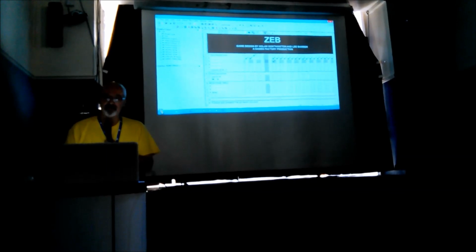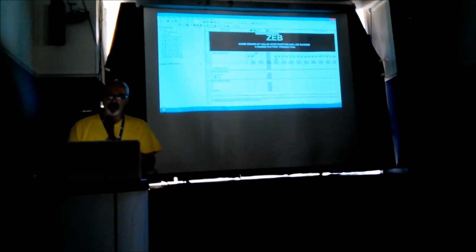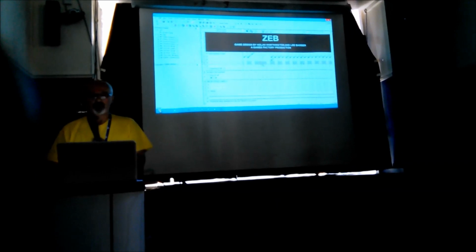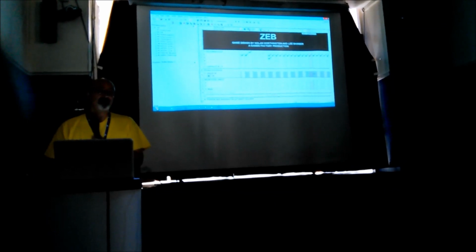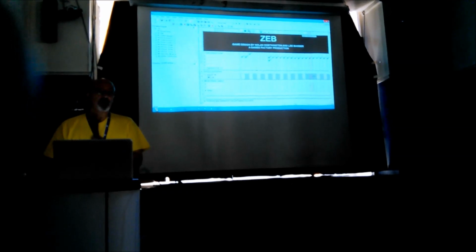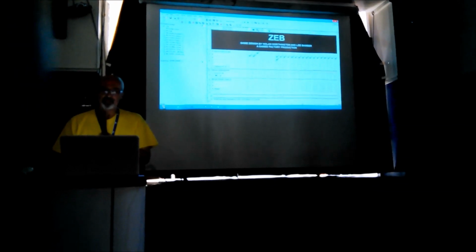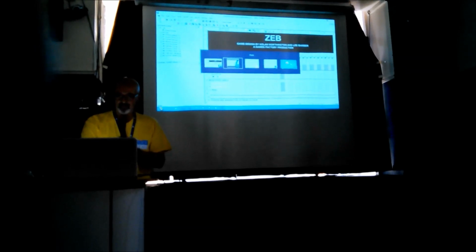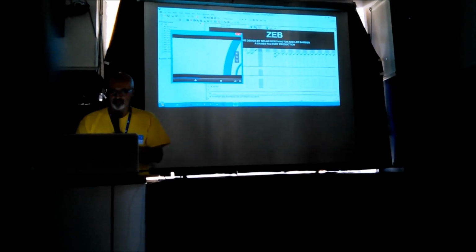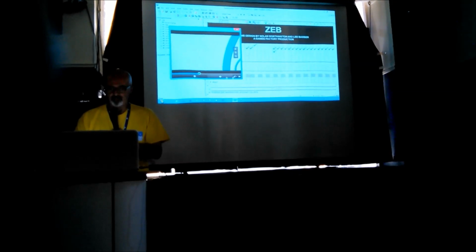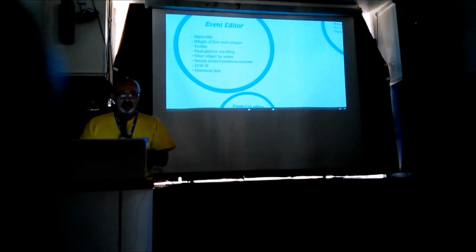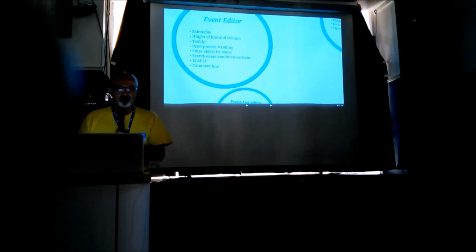And you also have a tooltip with the name of the object on which you are, which is going to be very handy when you deal with large projects. What else? So highlight of line and column, tooltip.